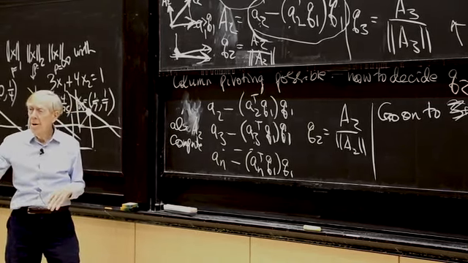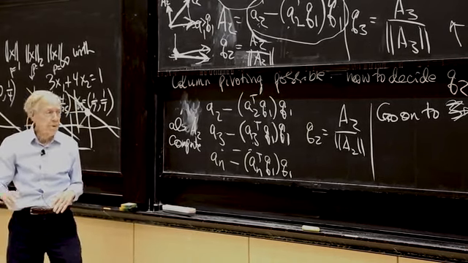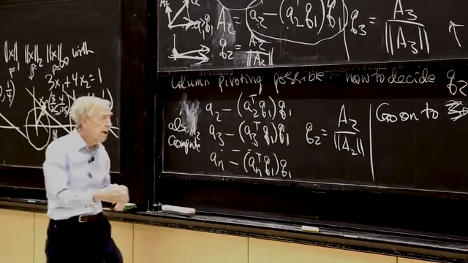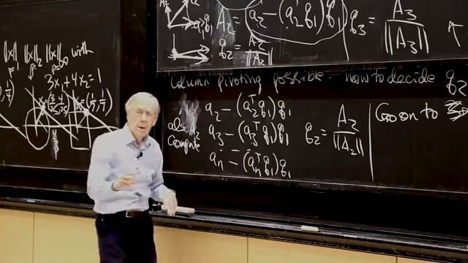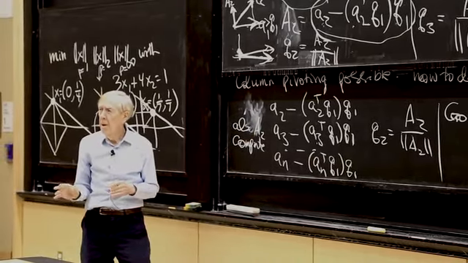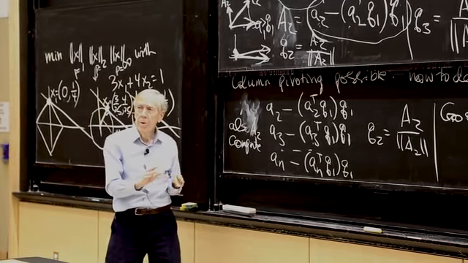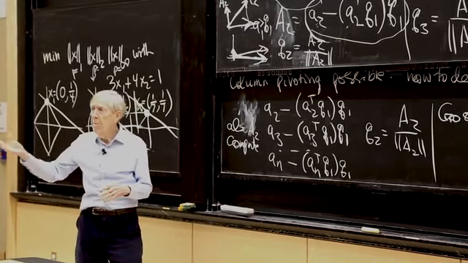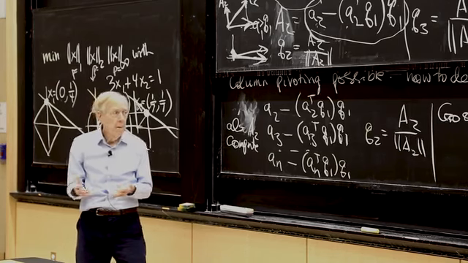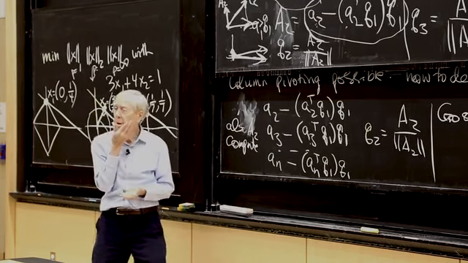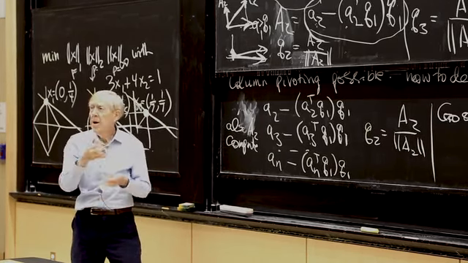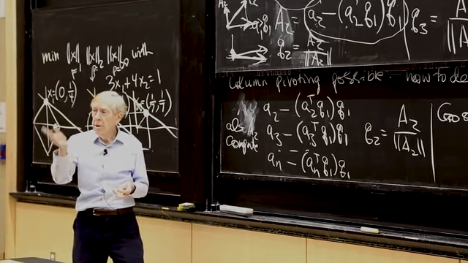I look at all the remaining columns, all of which have had their Q1 and Q2 parts subtracted off. So I've orthogonalized with respect to Q1 and Q2. I look at all the remaining things to work with and pick the biggest, just like picking the biggest number to go into the pivot.